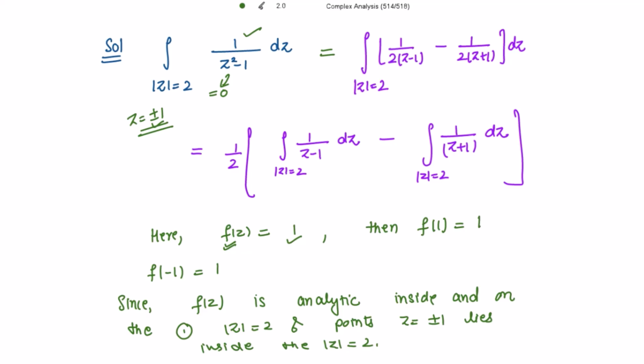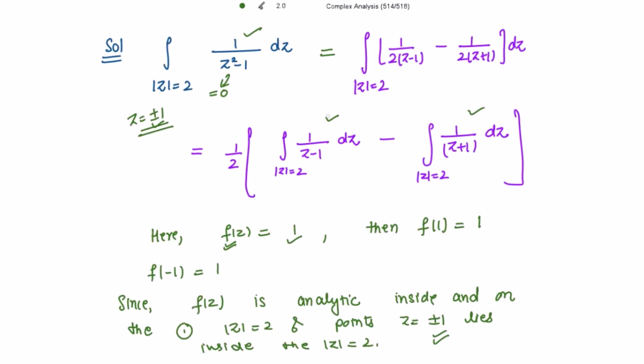So now we are going to apply Cauchy's integral formula for both these points, that is, for both these integrals. So this is equal to 1 divided by 2. Okay, applying Cauchy's integral formula for the first integral, when taking this denominator equal to 0, we get z = 1.